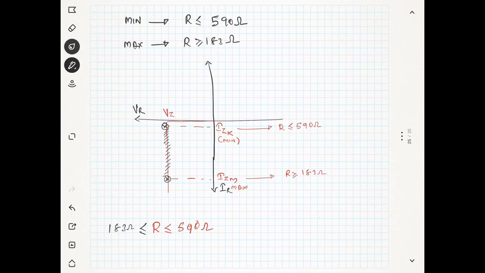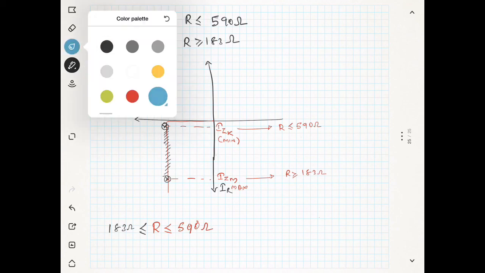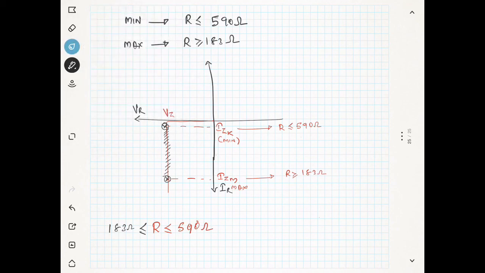Now I can say that the best way to choose is by taking the average. If you take the average of this point and this point, you can get somewhere here, right? So this is the good point to choose. This is the Q point that you can choose, or the operating point you can choose.